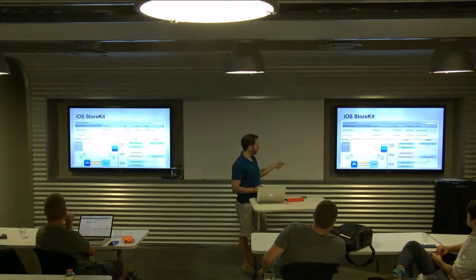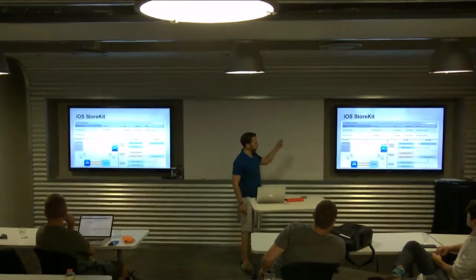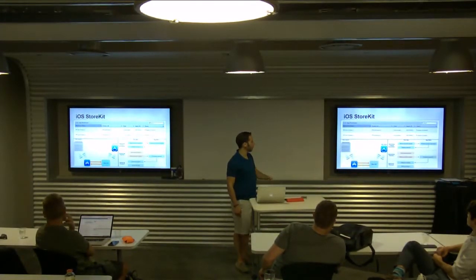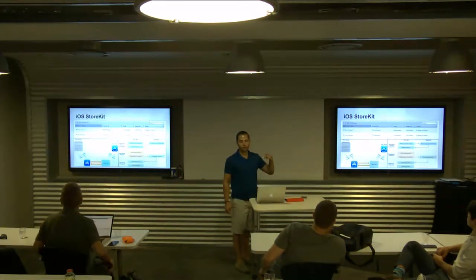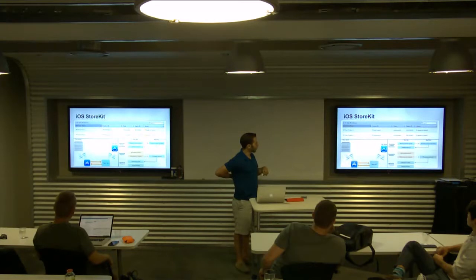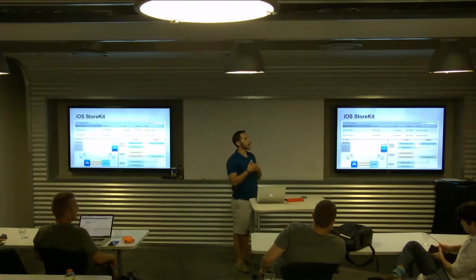So I'm going to quickly explain StoreKit, then explain Stripe, and then do the code demo. In StoreKit, you need to log into iTunes Connect, go to manage your apps, and manage each one of your potential in-app purchases. One thing to note is that from my app, I can't query Apple for the list of products my account has configured.